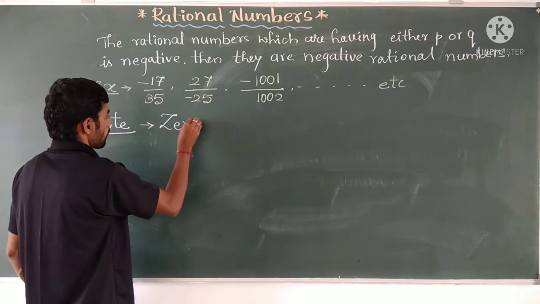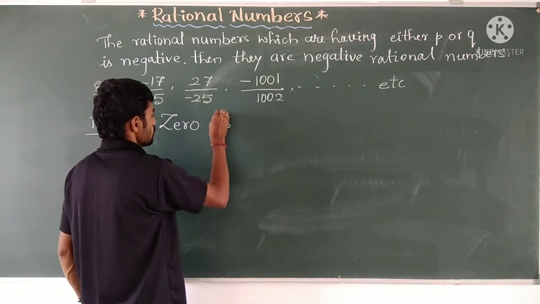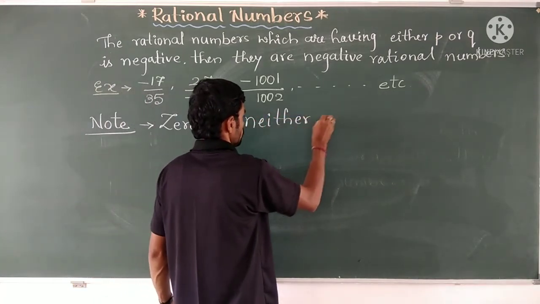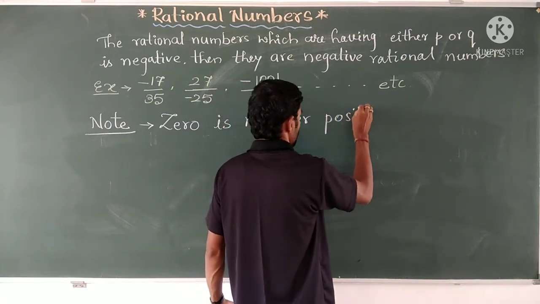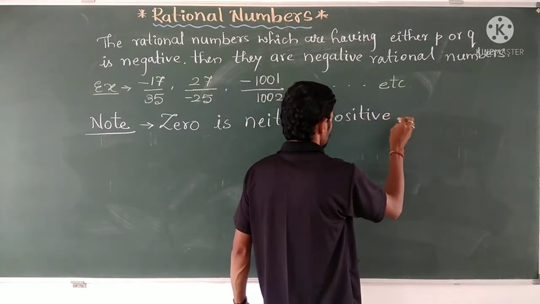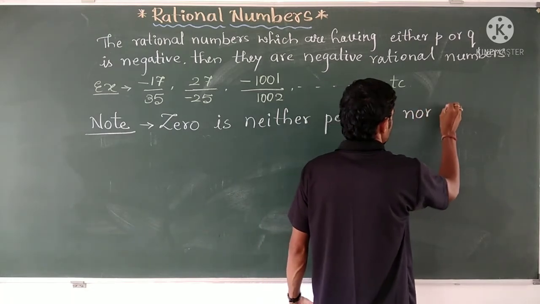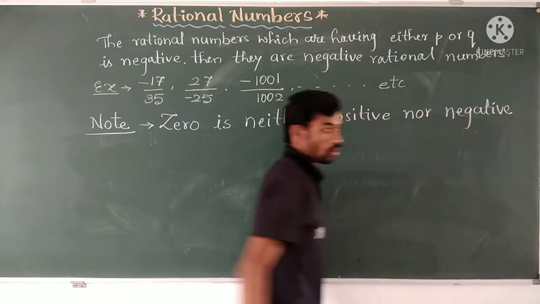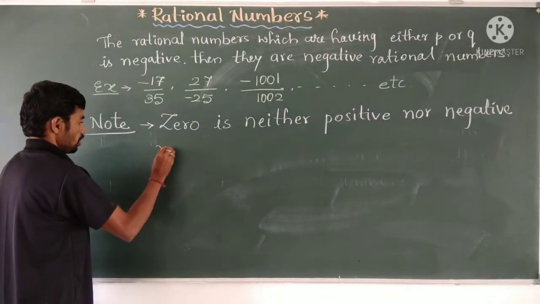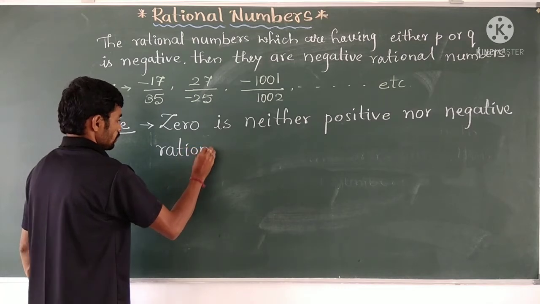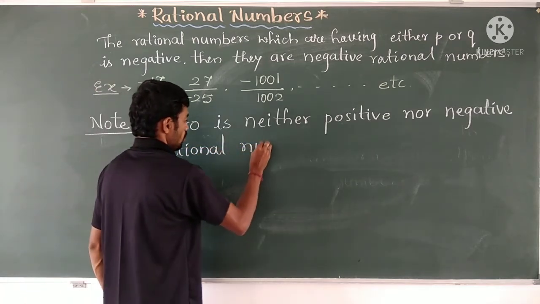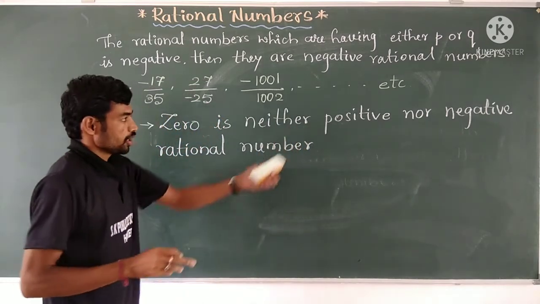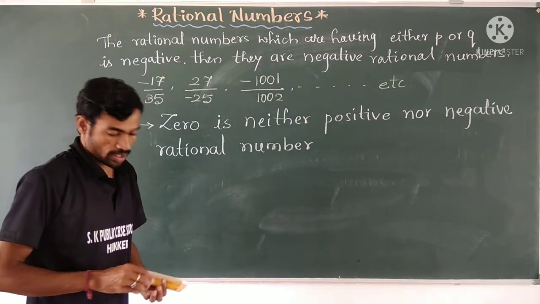Write it down, very important: 0 is a rational number, but neither positive nor negative. Why?